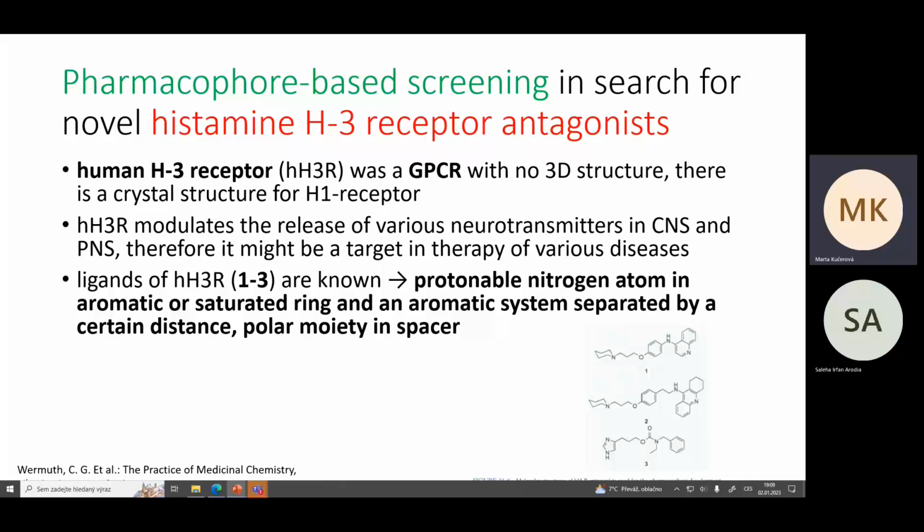This time, this is an example from a textbook where a histamine H3 receptor antagonist was developed. In the therapy, the H3 receptors are not yet influenced. However, they might be a target in therapy of various CNS, central nervous system diseases.